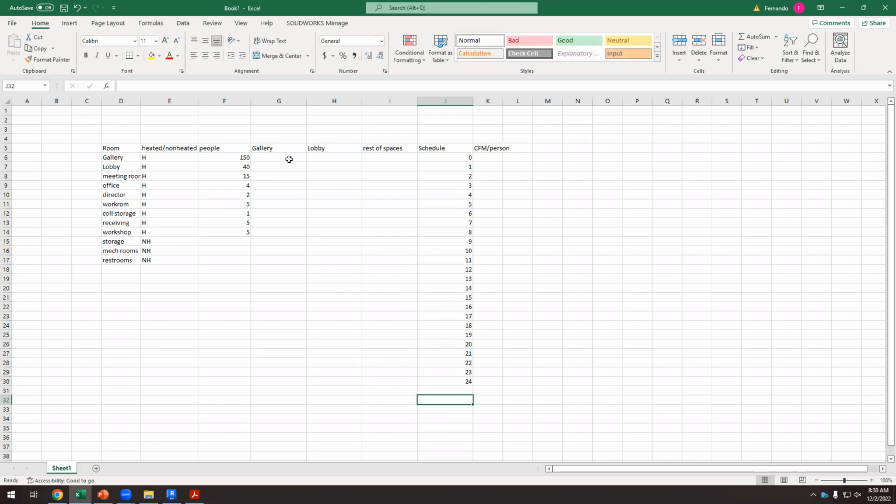This is 1 day. So how many people do we have in the gallery at 0, at midnight? 0. Or at 8 a.m.? I don't know. It wasn't open at 8 a.m. So let's assume that they open at 9.